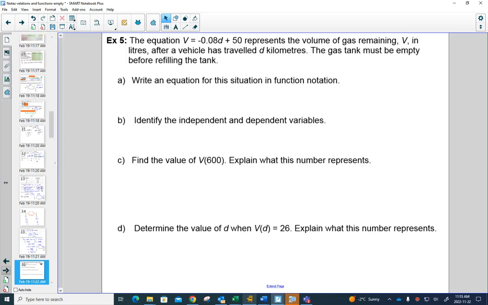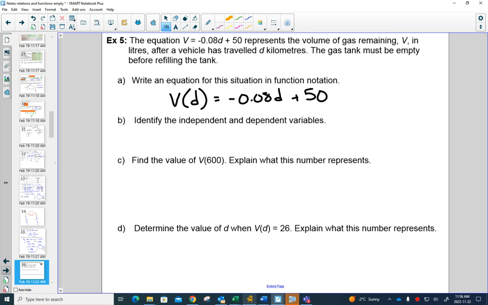12:05. So sometimes you get equations, like in science, and we use letters that represent the things they stand for. So volume is a function of distance traveled. So we've got this equation. If we wanted to write this in function notation, nothing would change on the right-hand side.